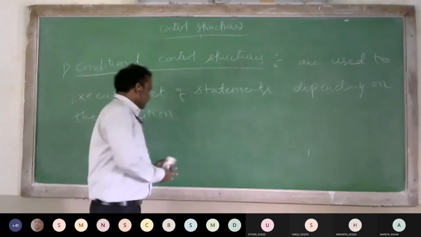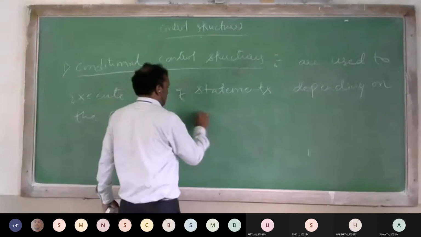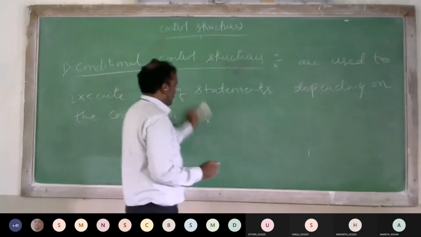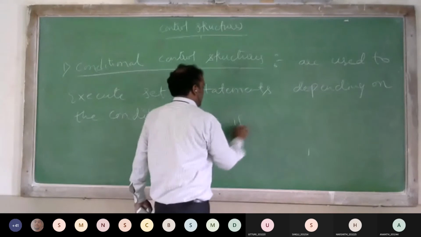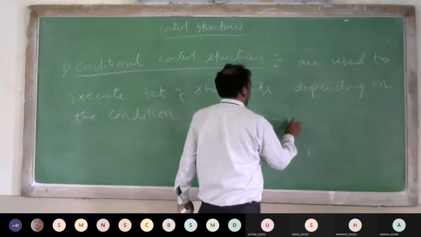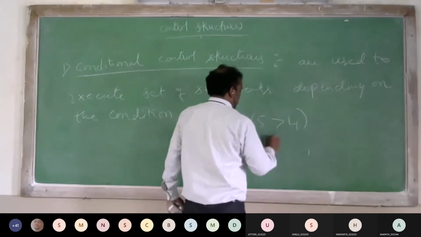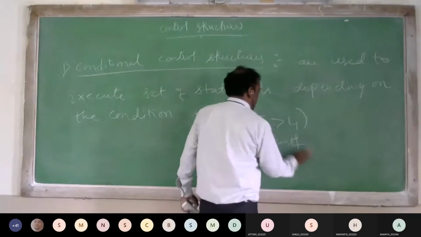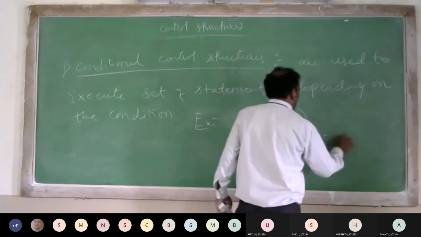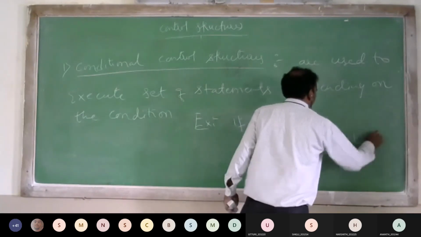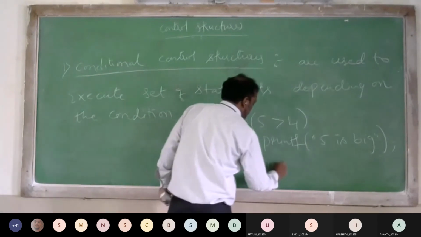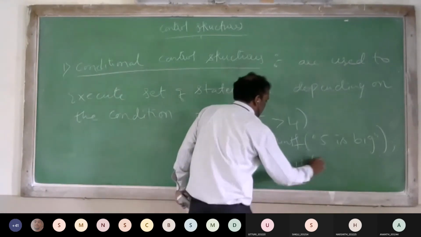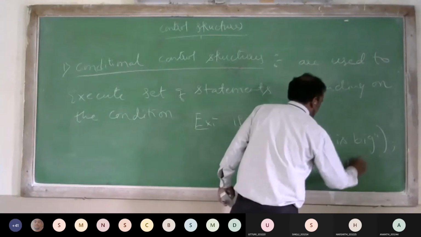Now we shall see an example. If 5 greater than 4, printf 5 is big, else printf 4 is big.